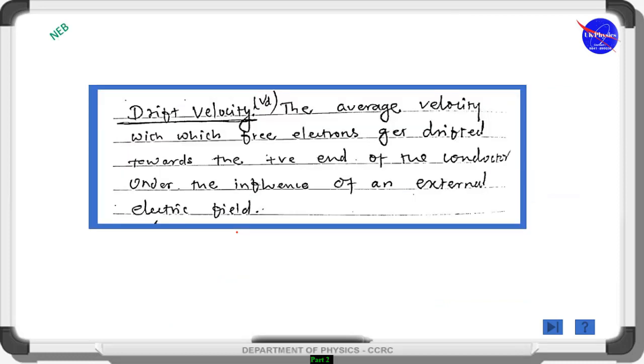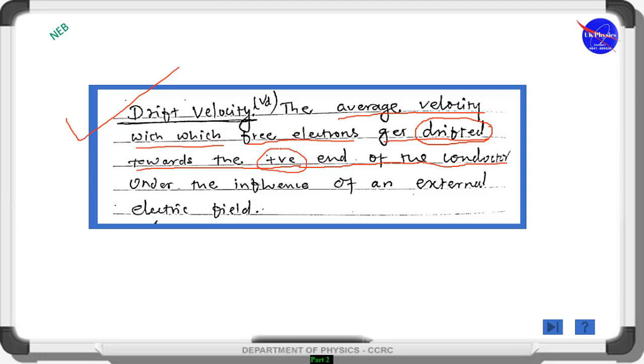Alright, so the drift velocity is important, it is frequently asked in our NEB board exam. Drift velocity means the average velocity with which free electrons get drifted, shifted, towards the positive end of the conductor, because the electron has negative charge and a negatively charged particle is always attracted towards the positive terminal.